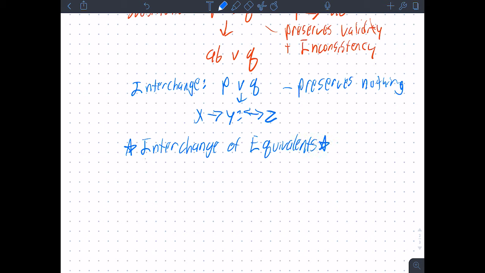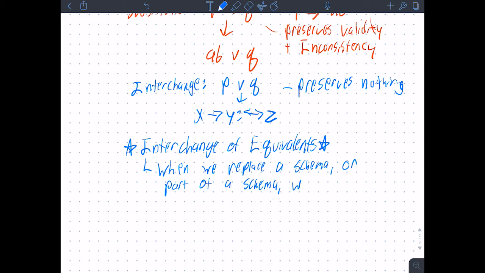And so interchange of equivalence is when we replace a schema or part of a schema with another schema that it is logically equivalent to.